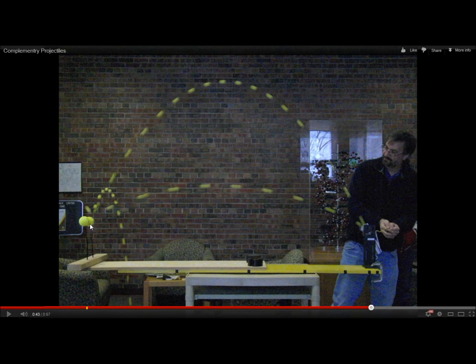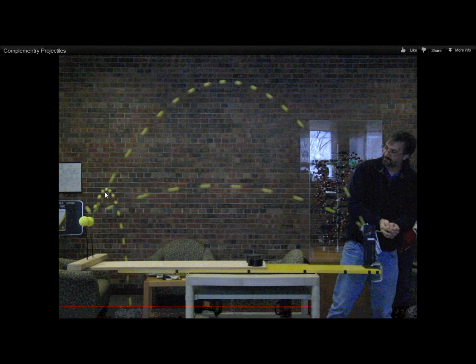They both hit the ground at the exact same spot, equal to where it was launched. But the 30 degree doesn't go as high, and that's because since it's a smaller angle, there's more horizontal velocity than vertical velocity. Whereas the 60 degree gets higher because there's more vertical velocity than horizontal. This one at 60 degrees will take a longer amount of time to get here.